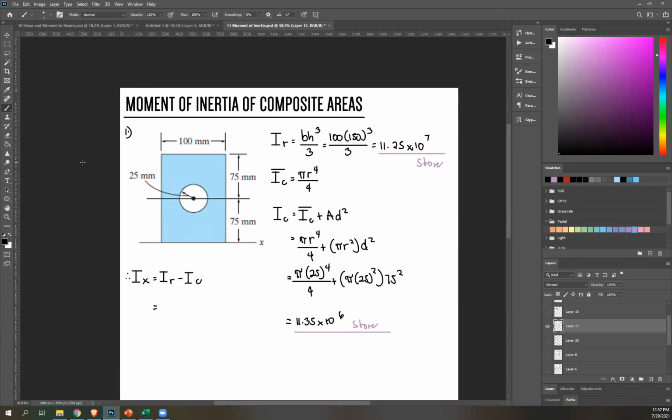Okay, so it's 10.11, or we can write 101.15 times 10 raised to 6 millimeter raised to 4. Just so we include all of the significant values. Okay, so that's our answer. So it's similar to your ring. That's number 1. Any questions for number 1?